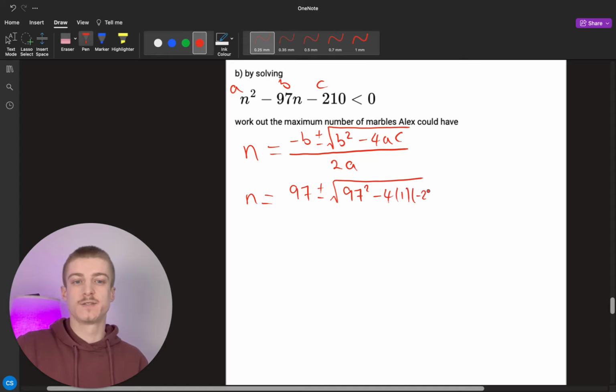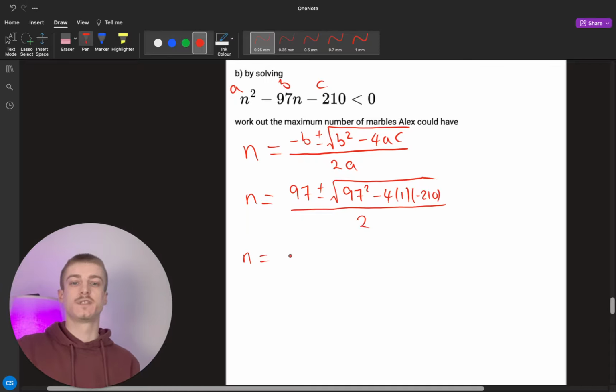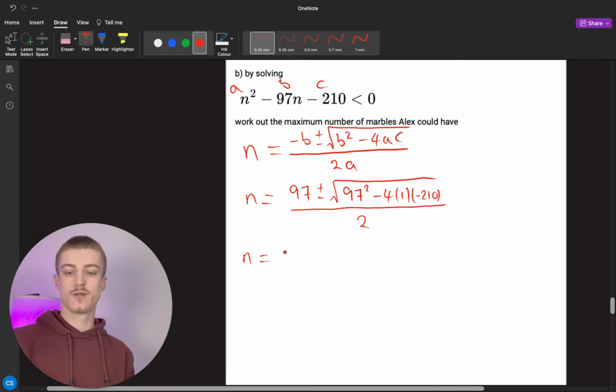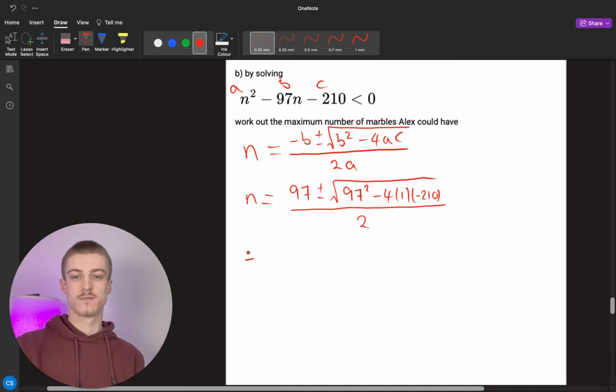The n represents a number of marbles, so we're not going to have a negative number of marbles. We're not going to have 0.119 or 0.12 marbles. We're going to have 99 whole marbles. And we need to work out the maximum number of marbles that Alex could have.